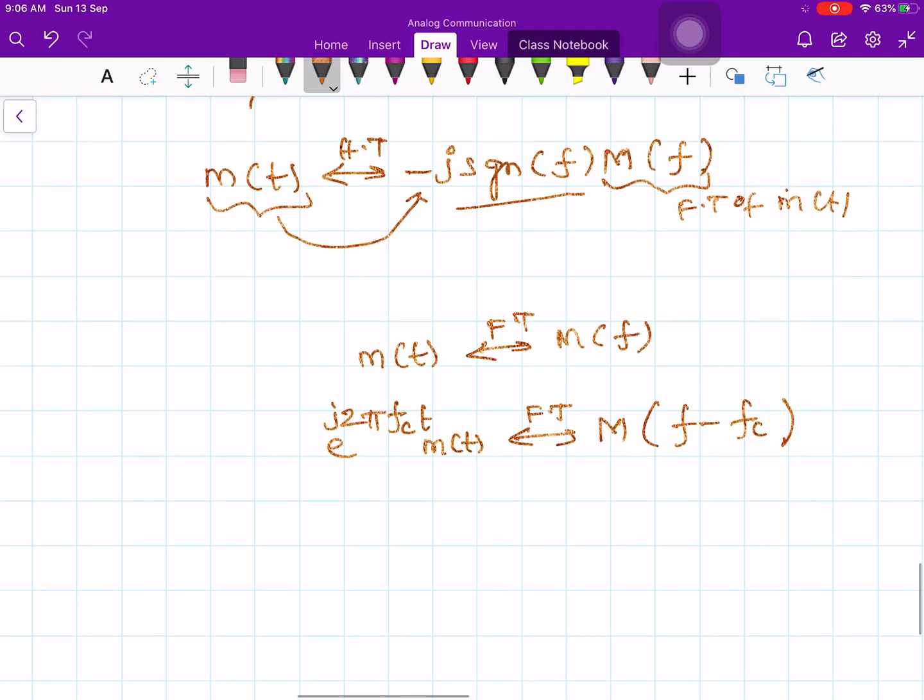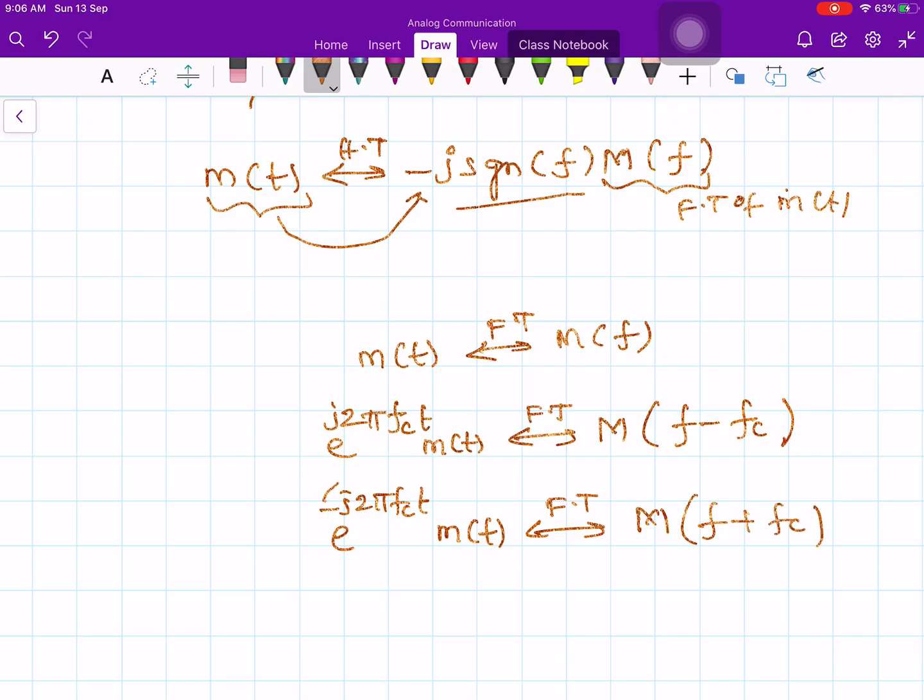Suppose we multiply e to the minus j 2 pi fct times m of t, then the Fourier transform will be, recall this is the Fourier transform, not the Hilbert transform, m of f plus fc.